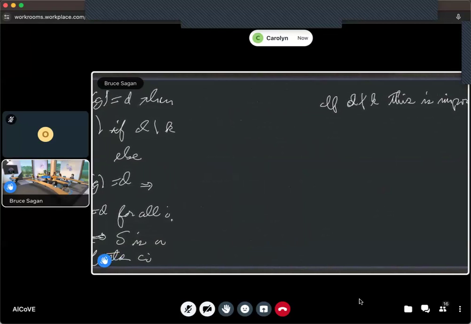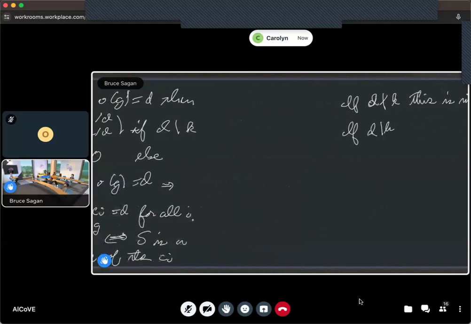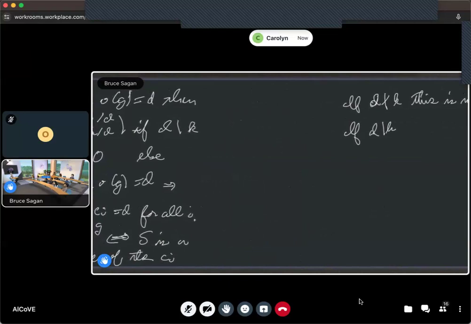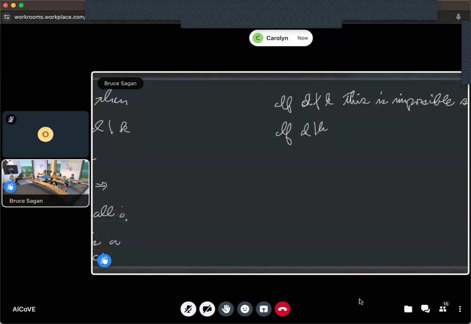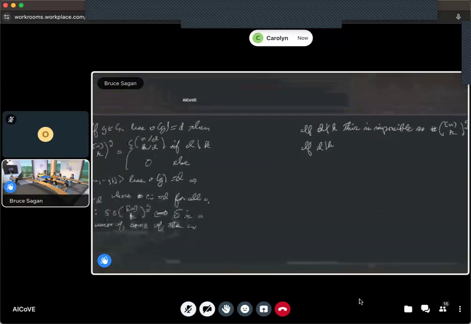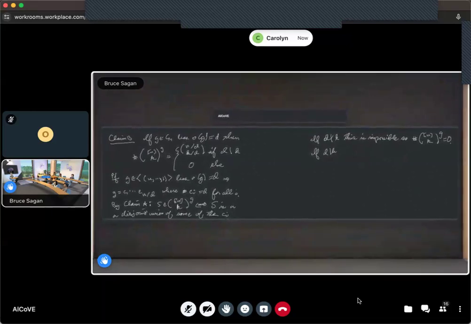Well, what happens if D does divide K? Now it's possible to do it. How many ways could we do it? Well, remember, we're trying to put D-cycles together, and we want to get K total elements. How many D-cycles do we have to choose from? N over D, right? And we need to pick enough cycles so that we get a total of K elements. So how many of those cycles do we need to pick? K over D of them.